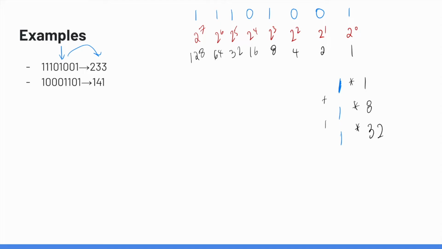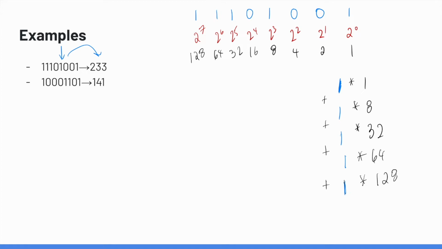So we're adding all of these up. And then 1 times 64 for the same reason. And then 1 times 128 for the same reason.